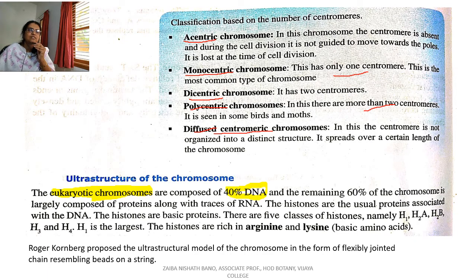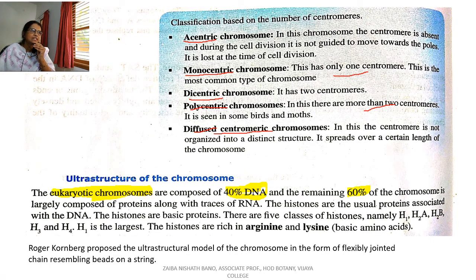These proteins are called histone proteins. All these histone proteins are positively charged, and we know from our earlier knowledge that DNA is negatively charged. These histone proteins are associated with the DNA. These histone proteins are basic proteins and rich in arginine and lysine.